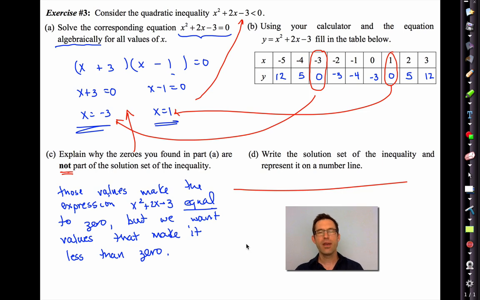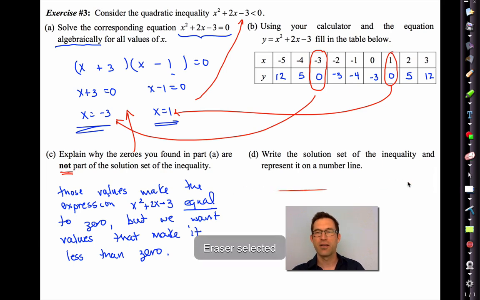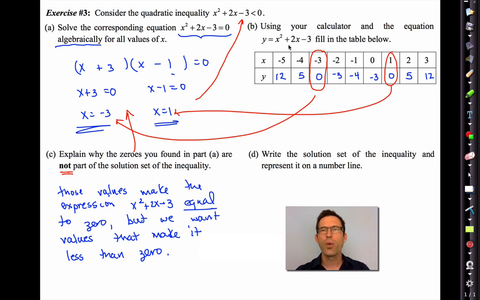All right? Now letter D says, write the solution set of the inequality and represent it on a number line. I think I'm going to actually get rid of my red line here. Random red line. So let's talk about that. We want all the values of x that make the value of this expression less than 0, negative. Well, take a look at this table.